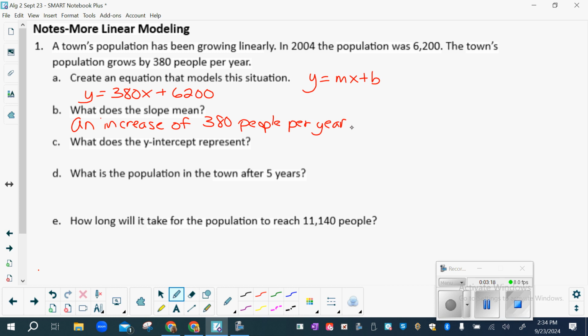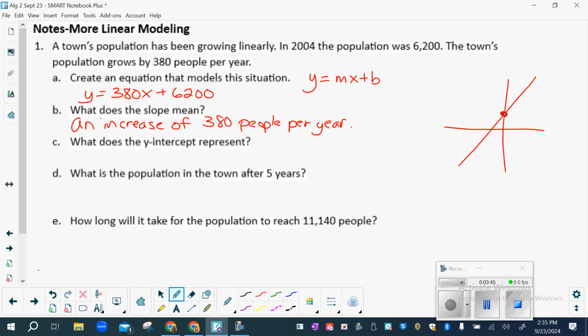And what does the y-intercept represent? We have a y-intercept, we know it's 6,200. So it's the population. Let's briefly look at, say if we graphed a line, here's the y-intercept, where it crosses the y-axis.